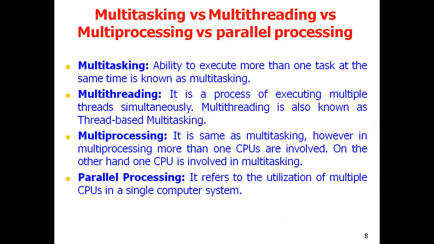Before going into multi-threading in detail, let us discuss what multitasking, multi-threading, multiprocessing, and parallel processing are. I hope you have already studied in operating systems what multitasking and multiprocessing are. Multitasking is the ability to execute more than one task at the same time.